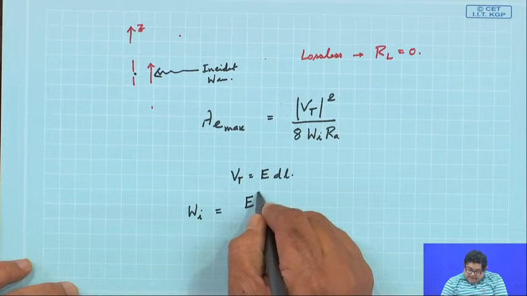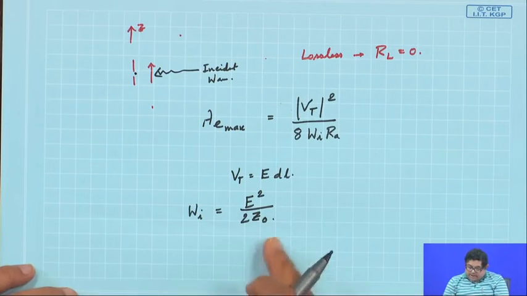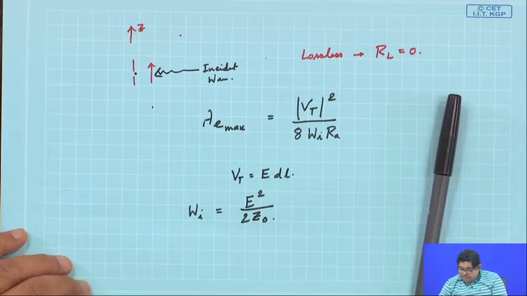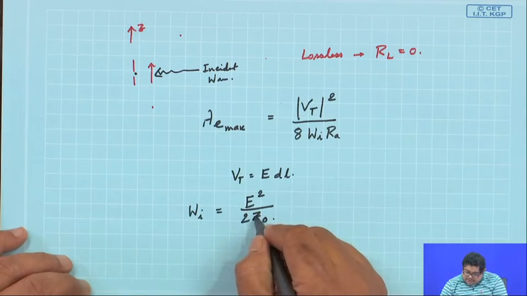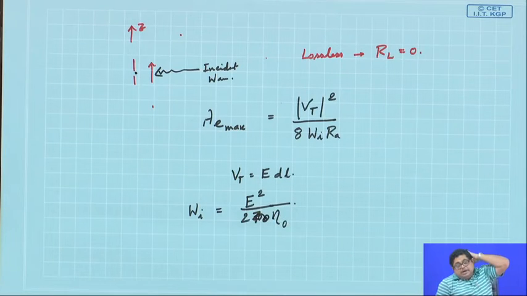Can I write it as E square by 2 eta naught, where eta naught is the intrinsic impedance of free space, that is 377 ohm.